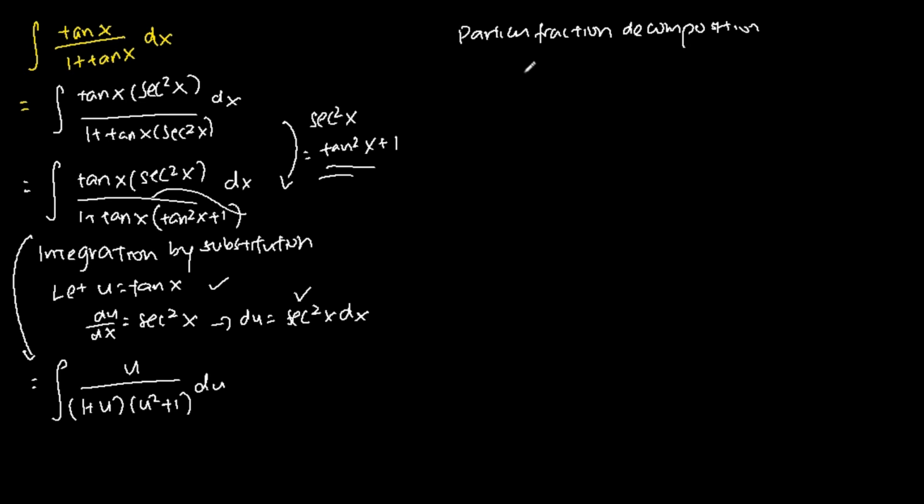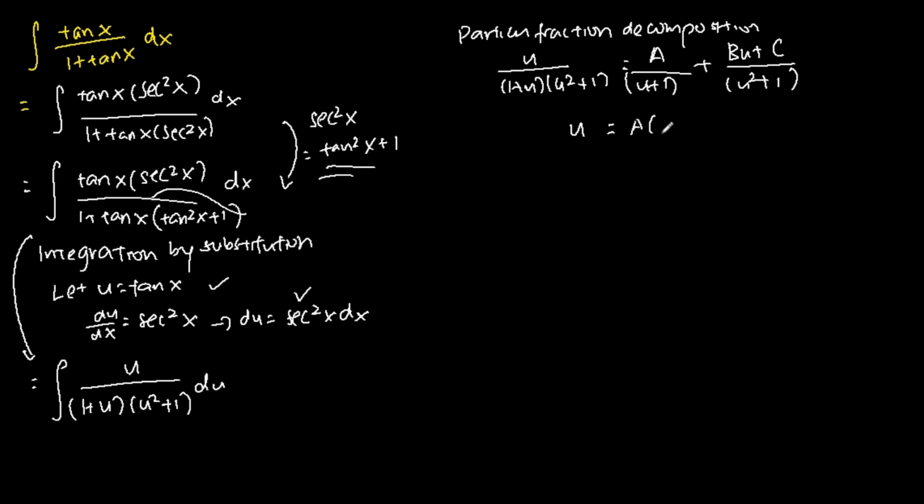We split this u over u plus 1 times u squared plus 1 into the following: big A over u plus 1, plus big Bu plus big C over u squared plus 1, where A, B, and C are constants. Then we multiply both sides by u plus 1 times u squared plus 1. So we get u is equal to A times u squared plus 1, plus Bu plus C times u plus 1, which we simplify.